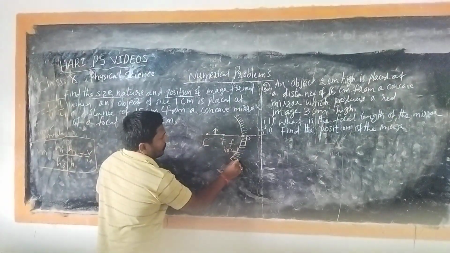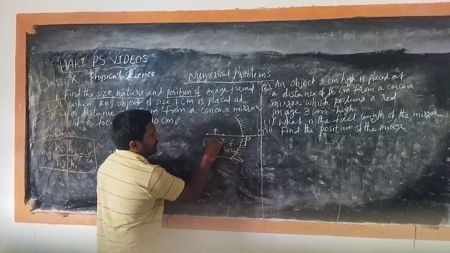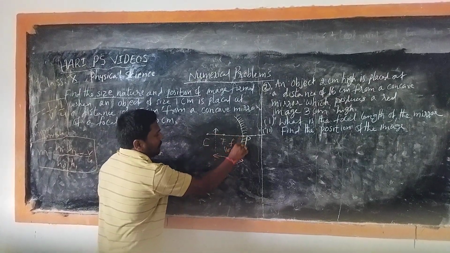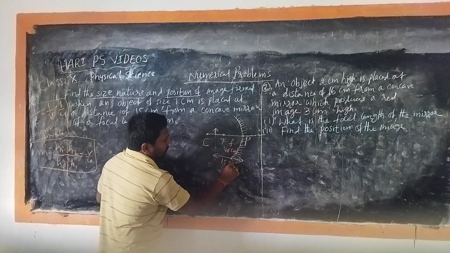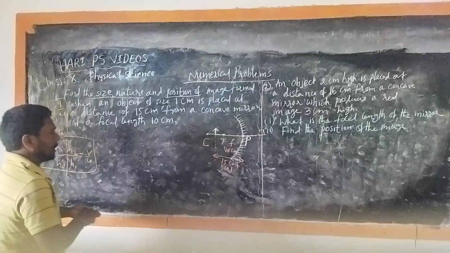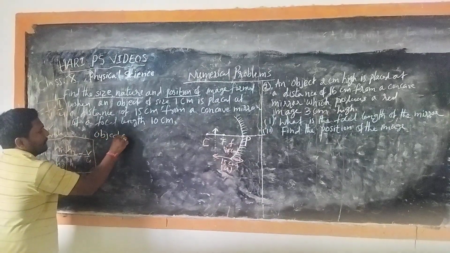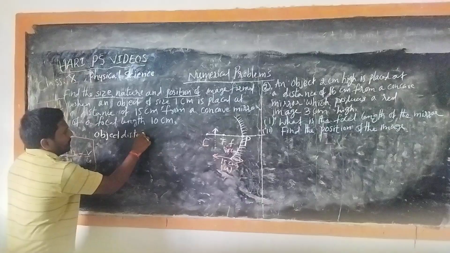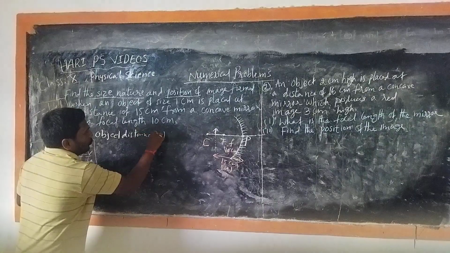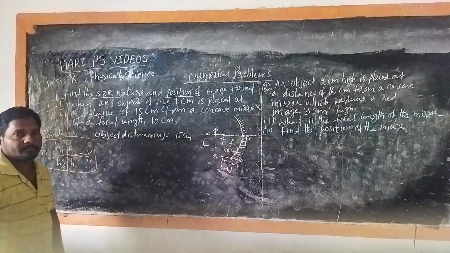From pole to the position of the object is 15 centimeter. That is the object distance, u equal to 15 centimeter.